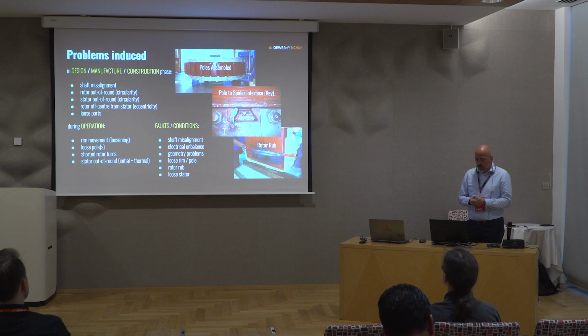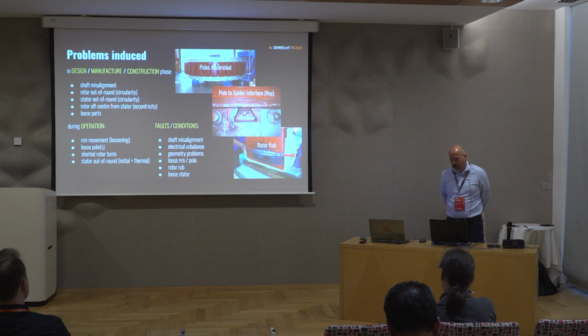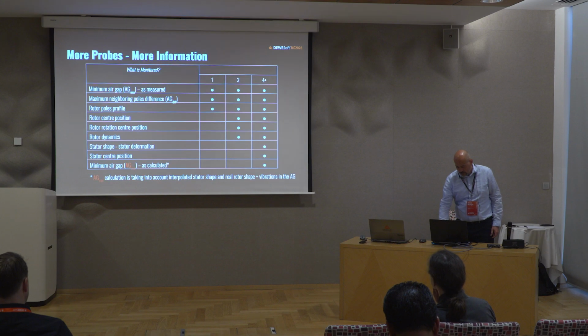You might have loose poles. The poles are, as I said, keyed to the rim. They might be loose. It's not very common, but it happens. Of course, you might have shorted turns. That's why sometimes we combine the air gap measurement with magnetic flux measurement and so on. And if you have more than one sensor, you can see the rough shape of the stator, which is what we also do. And of course, here's just a list of different problems that you might capture using the air gap technology.